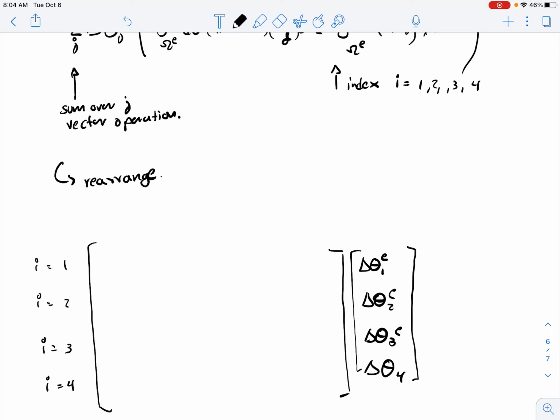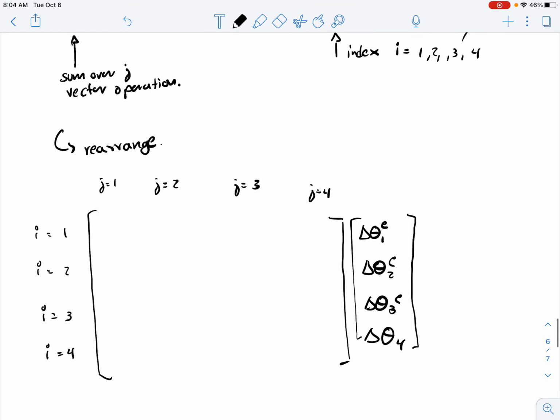So each row of this matrix is one of the i's, each column of this matrix is one of the j's. Obviously these increments theta 1, theta 2, theta 3, theta 4 are the j's, right? Because when we have matrix vector multiplication, you go like this times this. So basically these are j equals 1, j equals 2, j equals 3, j equals 4.